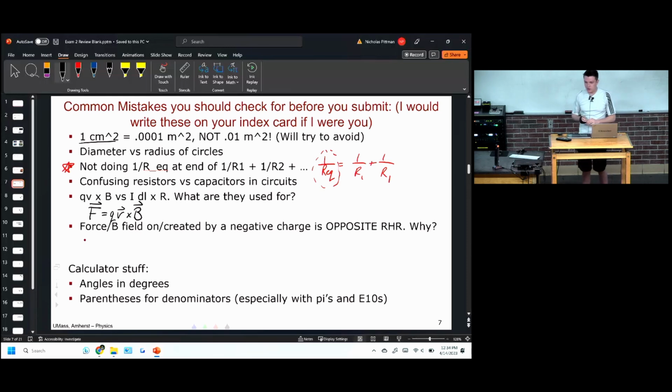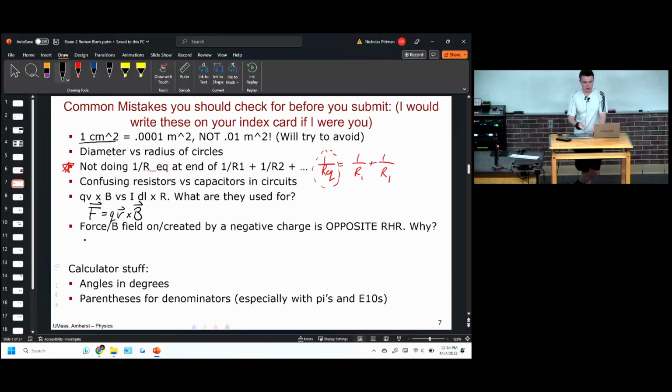So F equals QV cross B tells you how a charged particle responds to a pre-existing magnetic field. It doesn't tell you anything about if the charge is creating a magnetic field. It just tells you if there's a pre-existing magnetic field chilling somewhere, and I ask you, what is the force on a particle as it zooms through this field?